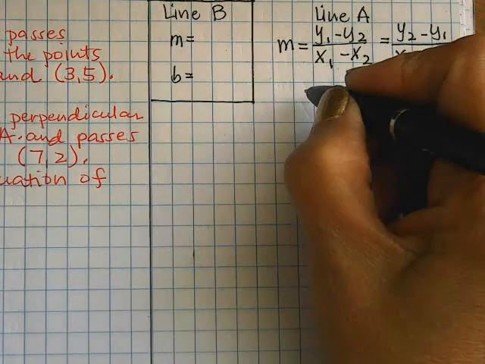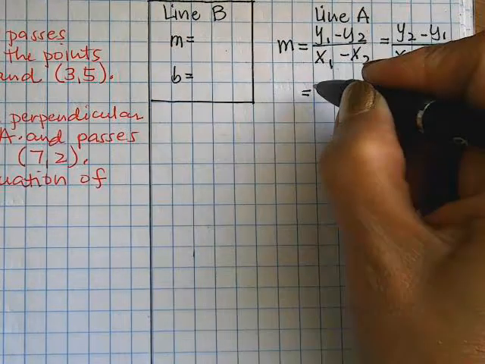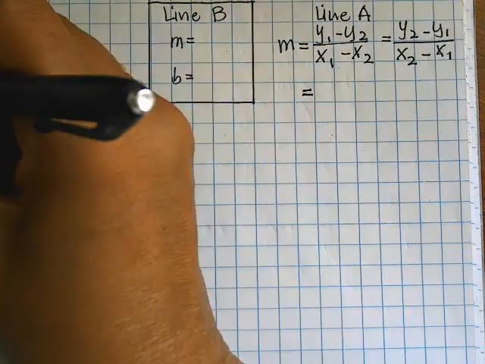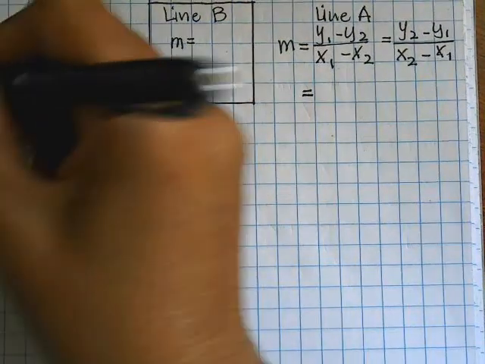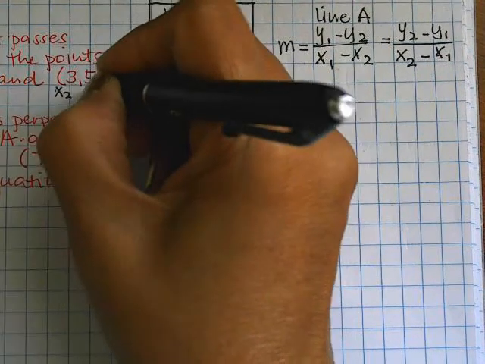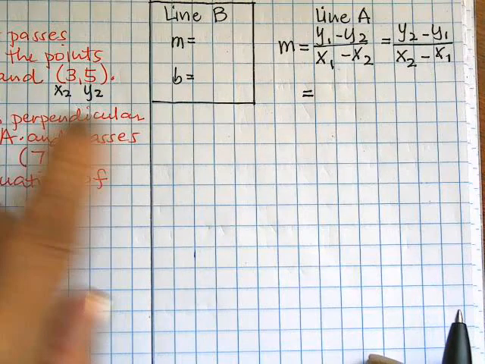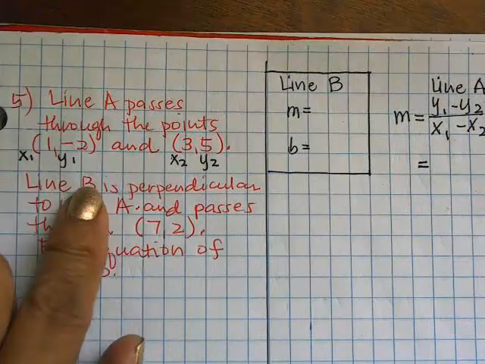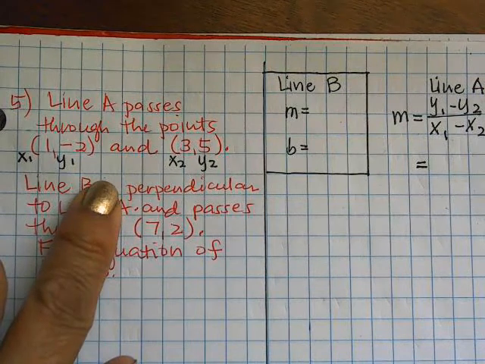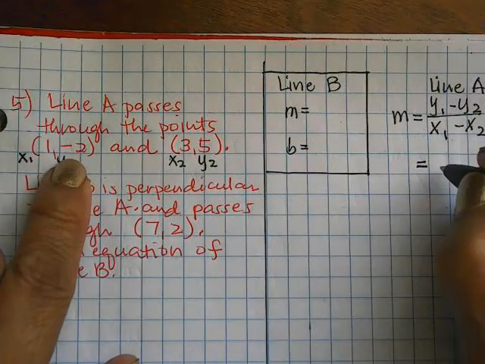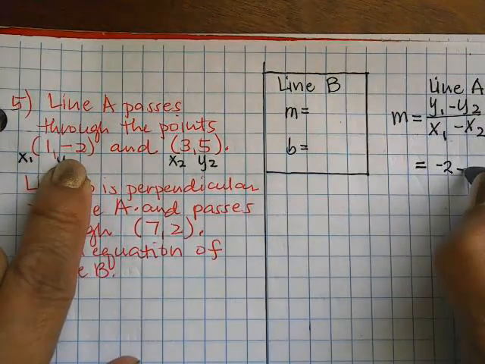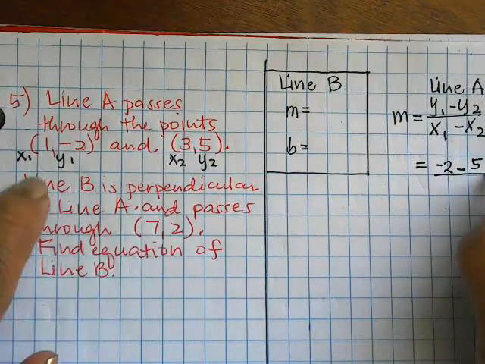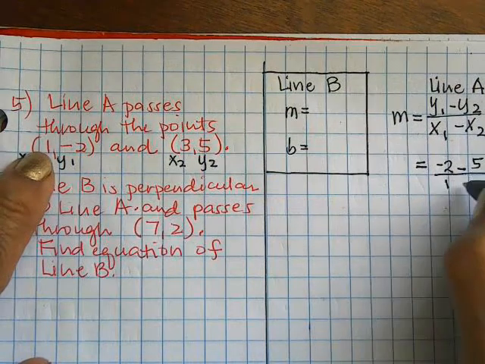So I'm going to find the slope of line A. So line A is just subtract the y's. So this is either your x1, y1, x2, y2. Okay, so if you want to start with this point, 1, negative 2, this is my y1, negative 2 minus 5, y2, and for x sub 1, the x's you subtract.